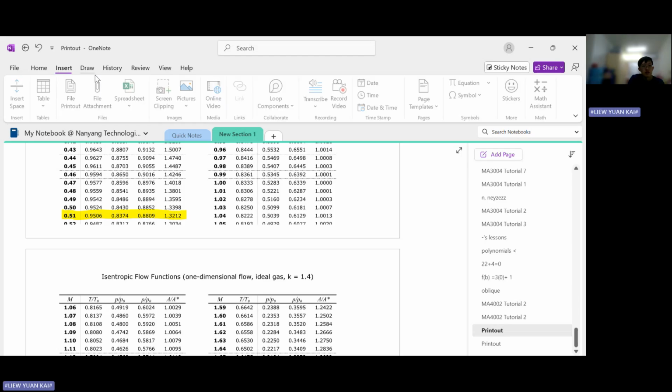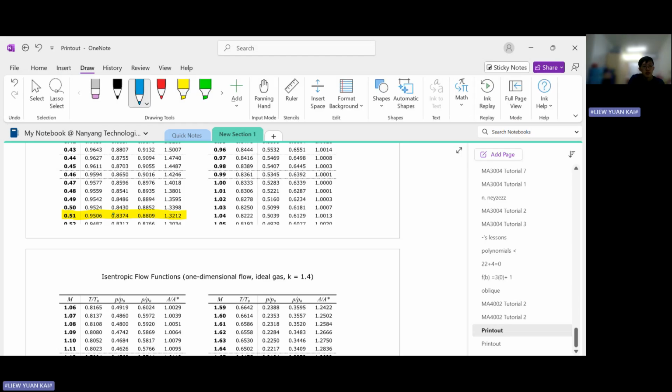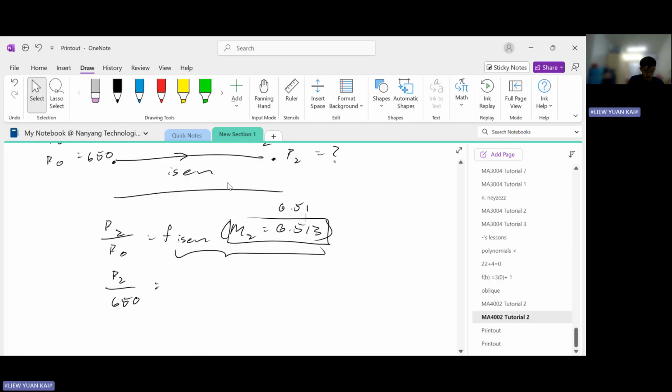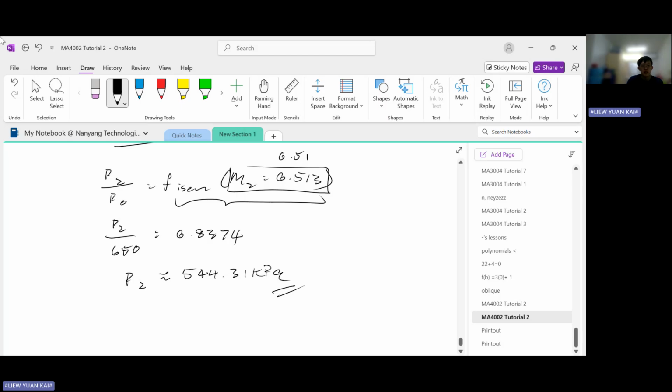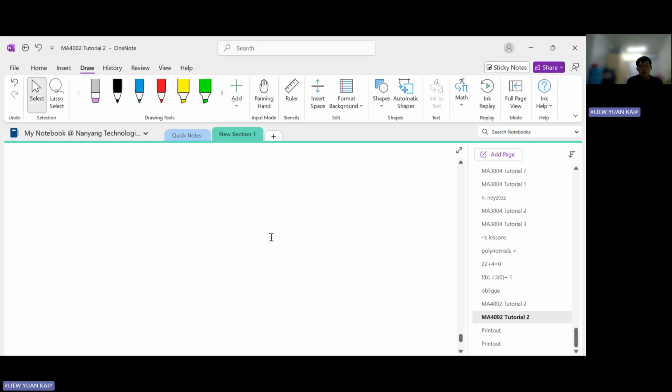Then we're looking for the pressure ratio, which should be this column. 0.8374. Then when you calculate P2, you will end up with 544.131 kPa.